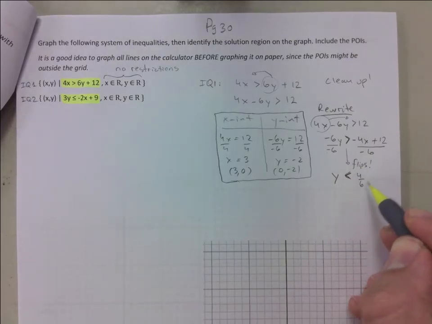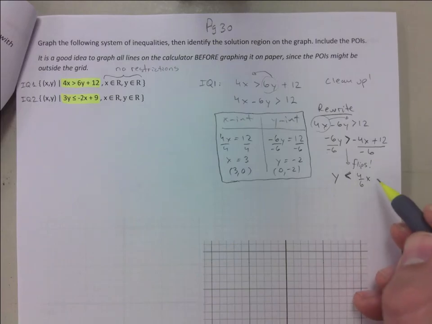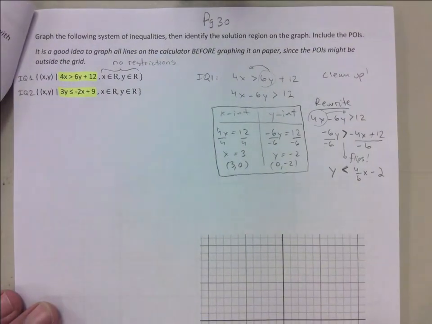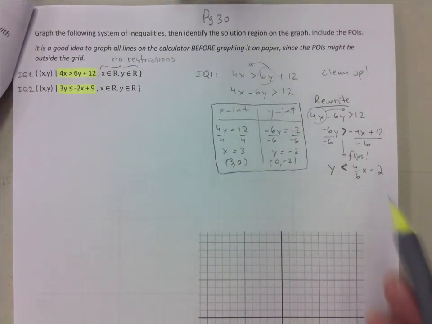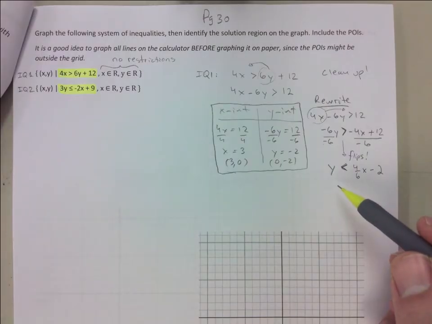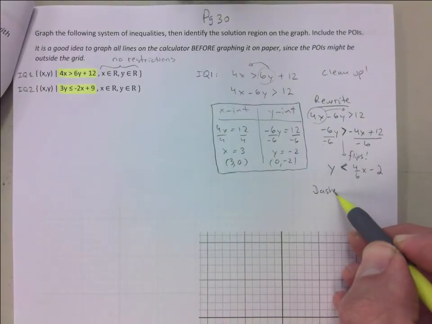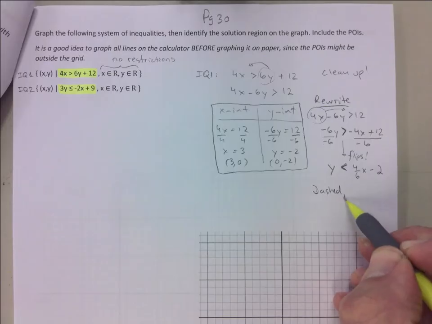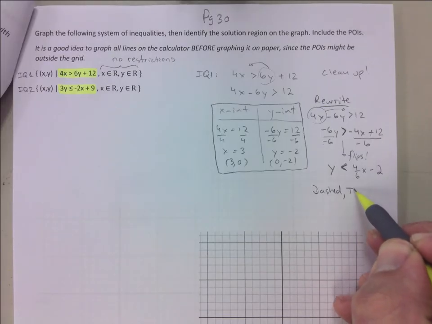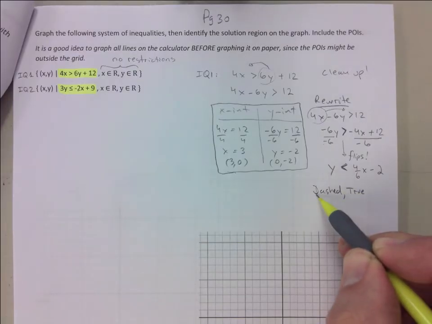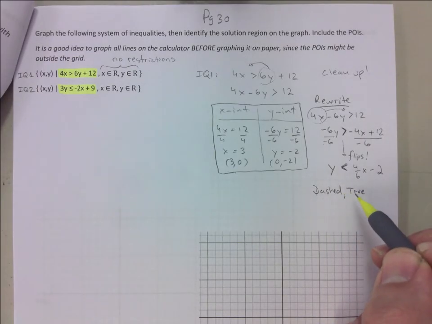Watch what I'm going to do. I'm not going to reduce the fraction. And you end up with a -2. Please tell yourself, solid or dashed, that's your choice. It's dashed, right? There's no equal sign under the inequality. True region. Soon I'm just going to use the letter T. I'm going to go D, and then T, and I'm going to go arrow.